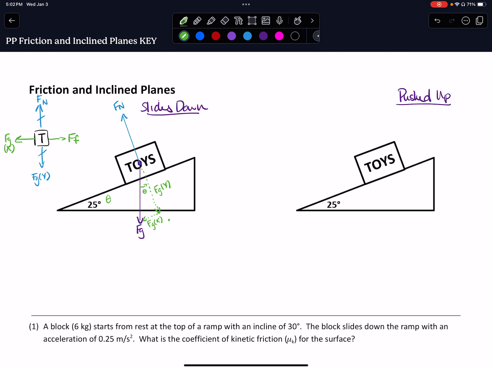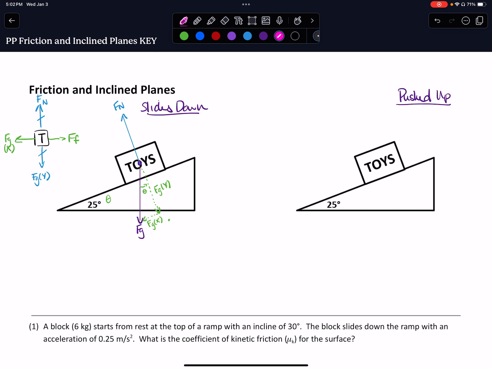If instead the friction is greater than that gravitational component, or that x component of gravity, then we're going to see the box moving but slowing down. And if our gravitational force is greater than friction, then we're going to see the box moving down but speeding up.